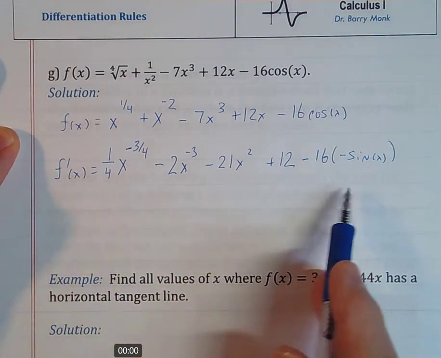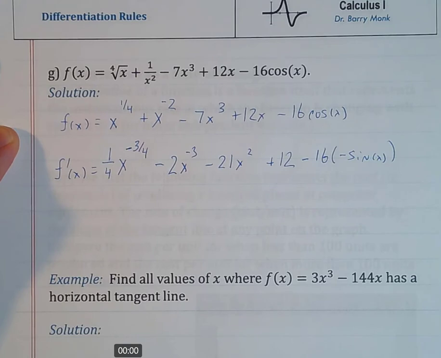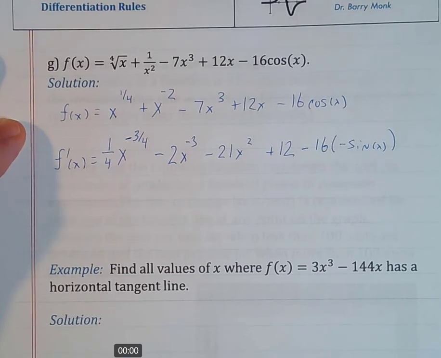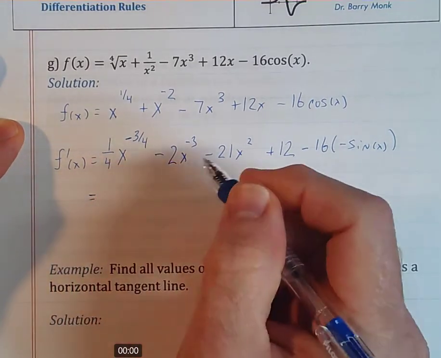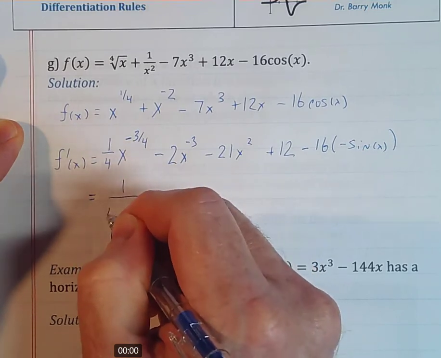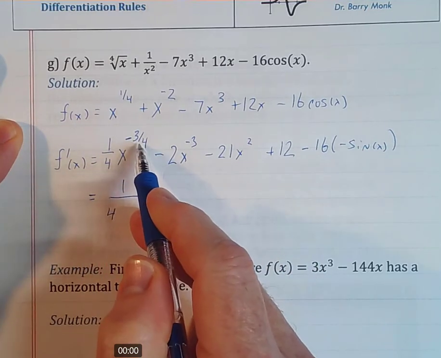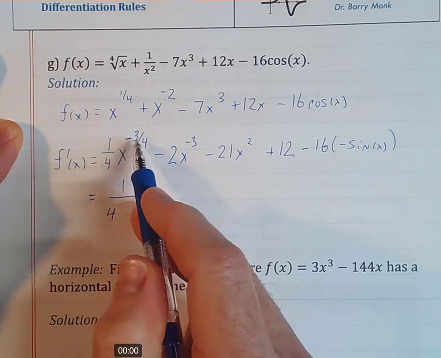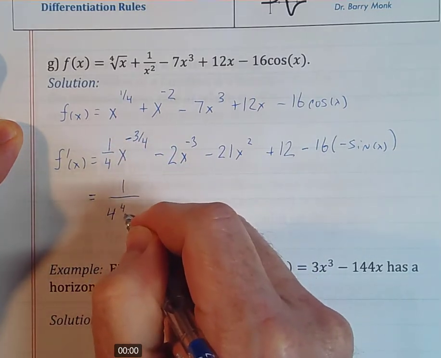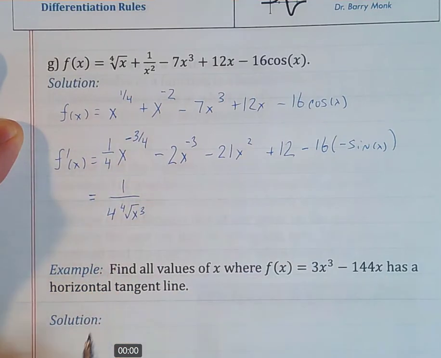Anything else we do here is really just going to be rewriting this using algebra rules. It may be that we just leave the answer like that, but again, sometimes we have to write these things in different ways for different reasons. So let me just go in here and clean this up a little bit and see what that would look like. I've got a 1/4. This x to the negative 3/4 is going to come downstairs to give me x to the 3/4, which is the 4th root of x cubed.